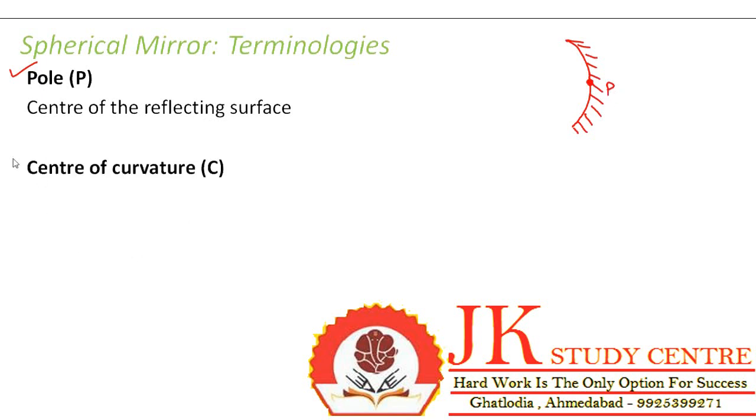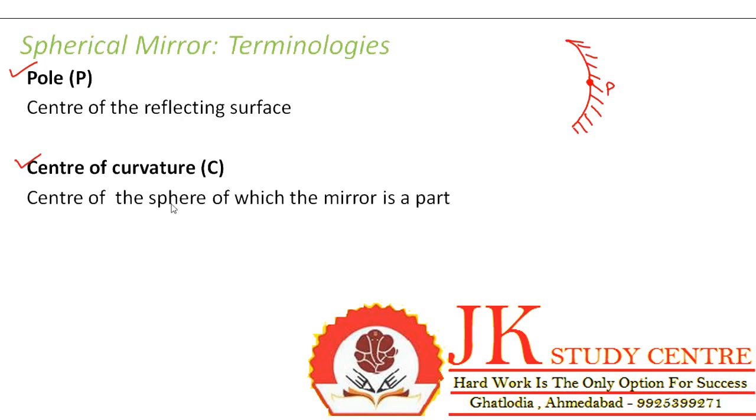The next is the center of curvature, which is denoted by a capital C. It is the center of the sphere of which the mirror is a part. As I mentioned before, a spherical mirror is part of a spherical surface. So this mirror is also a part of some sphere like this. The center of this sphere is known as the center of curvature.